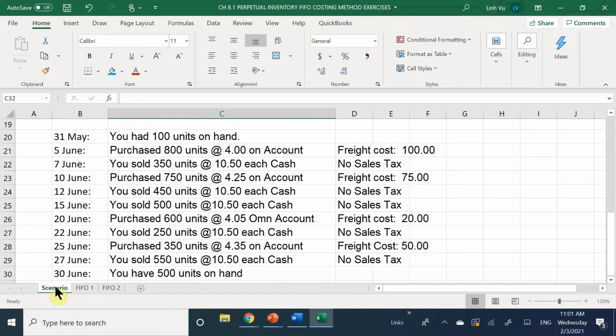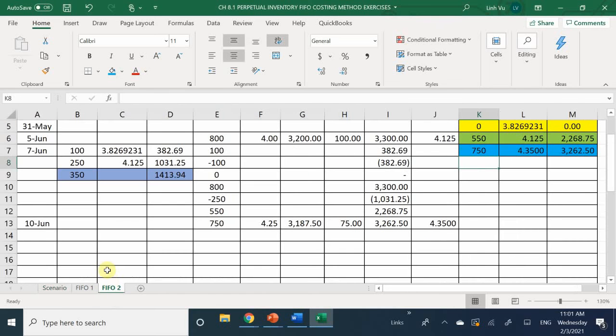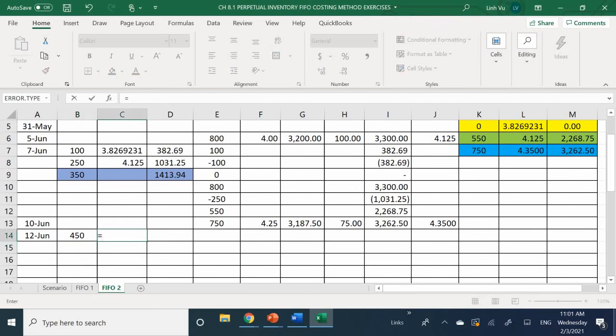And now, what happened on June 12th? Sold 450 units. Now, do we have enough? Yes, we do. In our green batch, so therefore we need to just get rid of only the green batch. So this was June 12th. We got rid of 450 units, costing me $4.125.